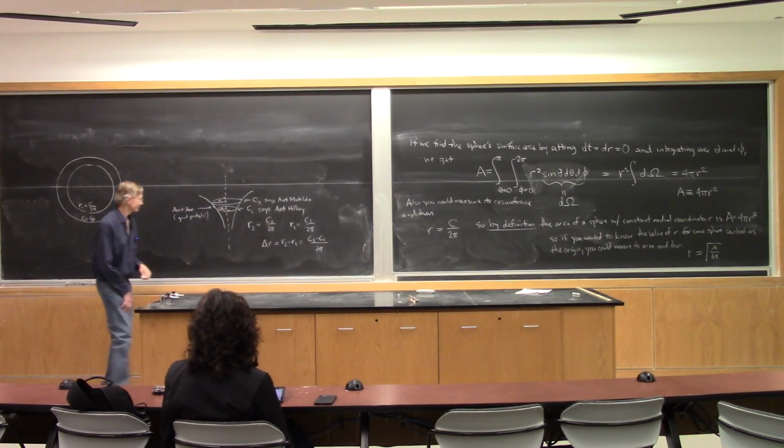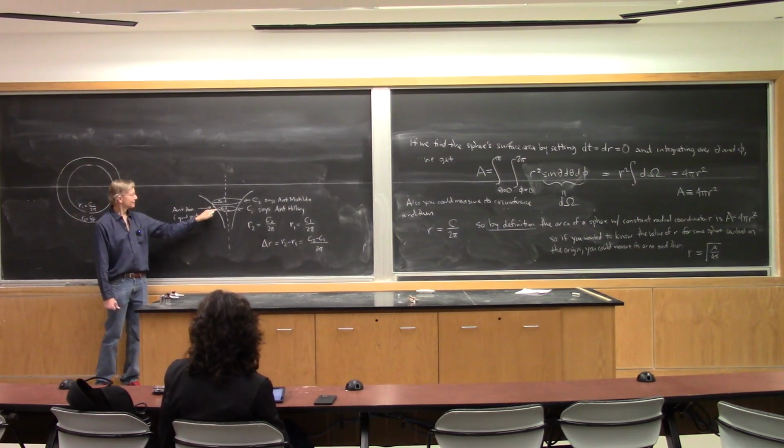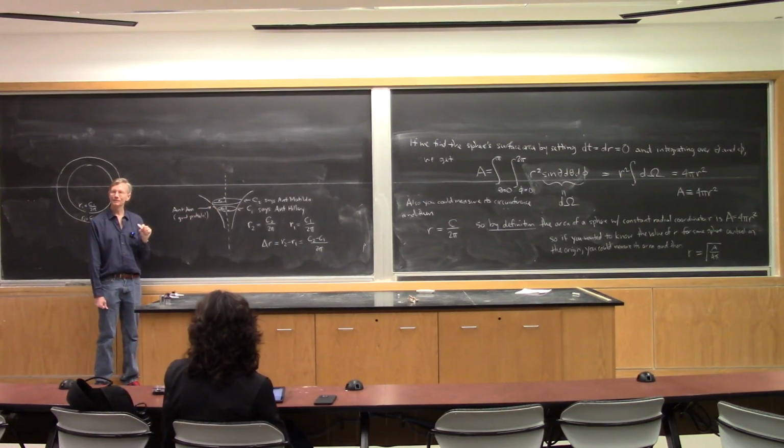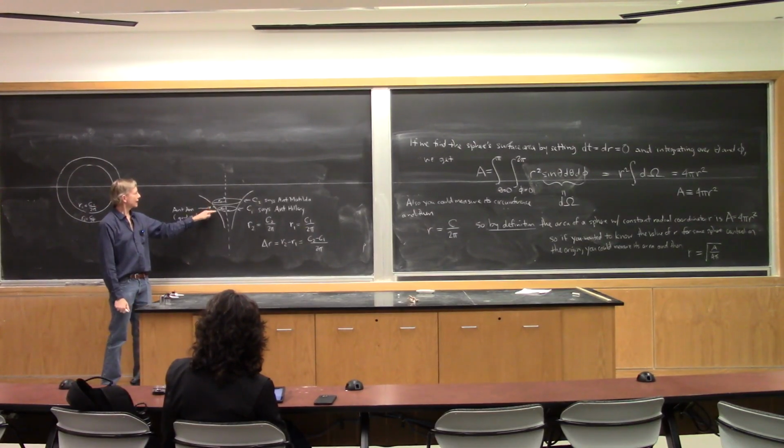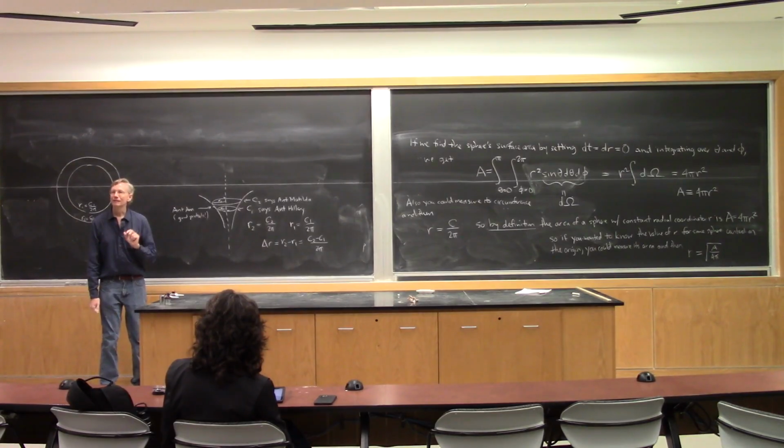Okay. Aunt Anne finds the distance between the two circles on the sheet. That's the R. So that is going to be, that's not the change in the radial coordinate. That's the thing.